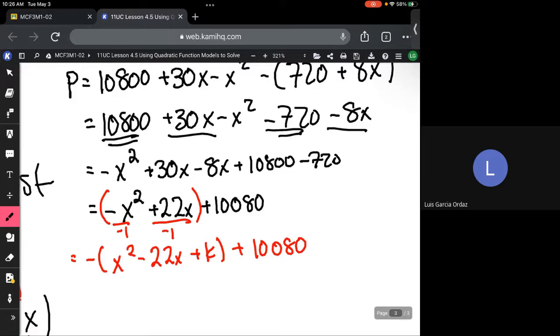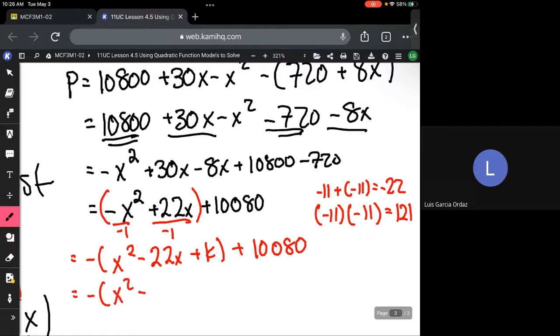So what do we have to do next? What are two numbers that are the same that give me negative 22? Negative 11 plus negative 11 gives me negative 22, which means my k is going to be what? I have to do negative 11 times negative 11, which gives me 121. So I'm going to be left with negative x squared minus 22x plus 121, and on the outside, I have to write minus 121 plus 10,080.